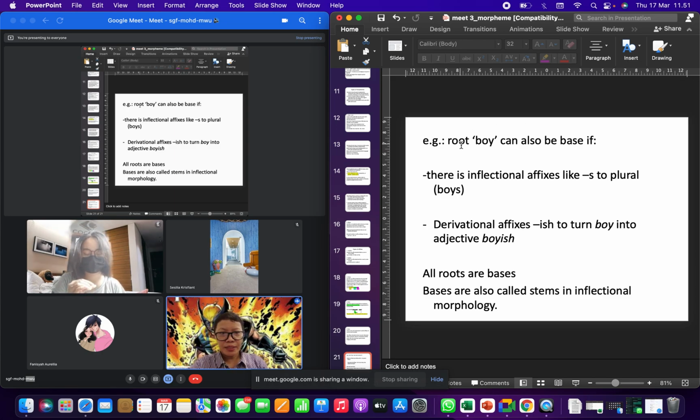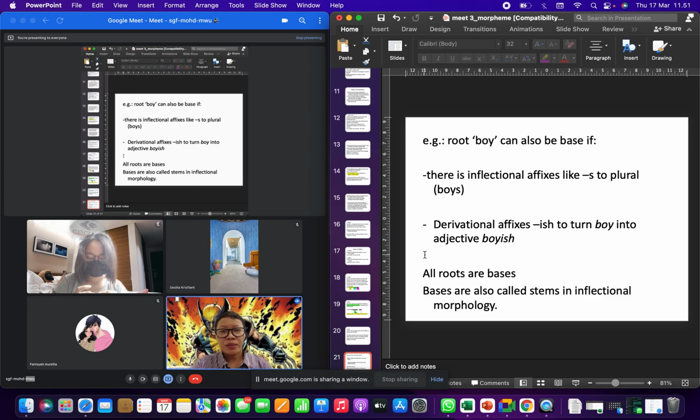Let's see here, I have the root boy. It is also the base boy. There is an inflectional affix occurring in the base, like using pluralization, it becomes boys, and there are also derivational affixes that occur to the root and also to the base, such as the derivational affix ish that we add to the morpheme boy or the root boy, and it becomes the adjective boyish.